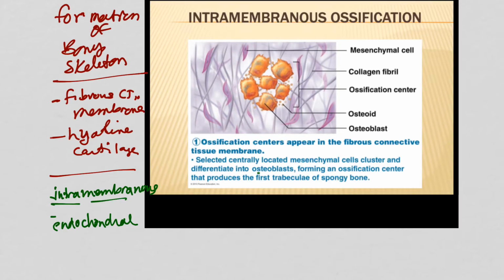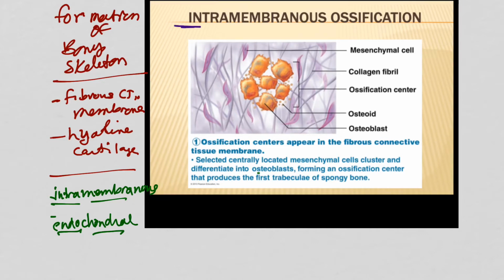All bones that are made up of fibrous connective tissue before they're converted into a bone are going to use intramembranous ossification. All the structures that are made up of hyaline cartilage are going to use endochondral. Endochondral means within cartilage, and that makes sense that it would be hyaline cartilage. So different types of bones use these different mechanisms.